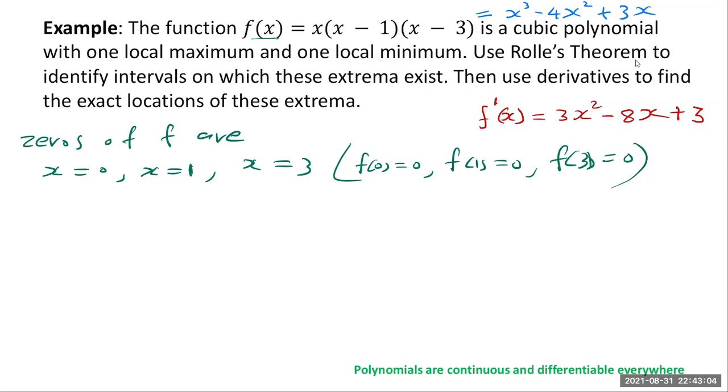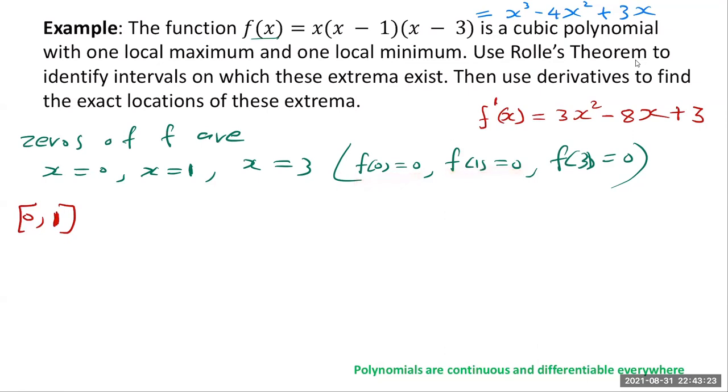Now I can apply Rolle's theorem for the interval 0, 1. Because I know that f of 0 is 0, f of 1 is also 0.